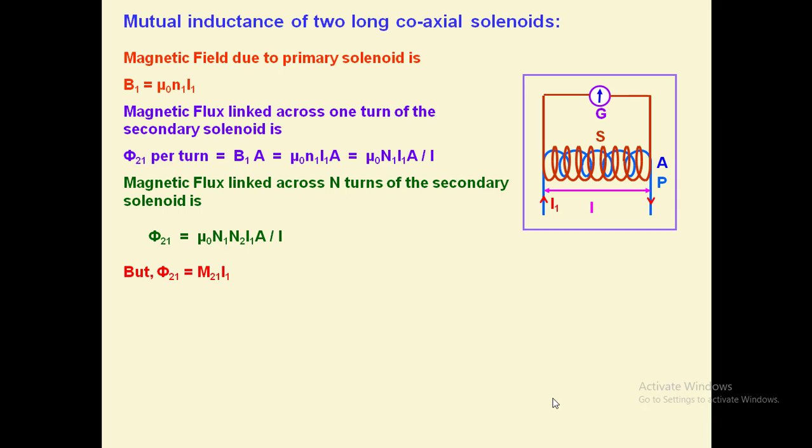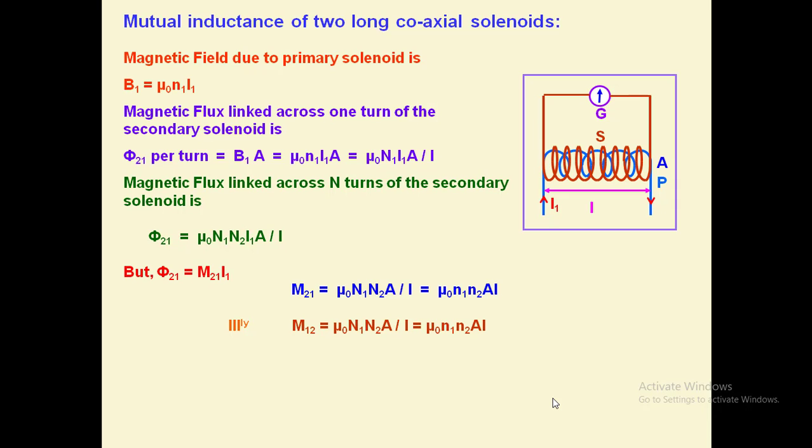But according to the definition of inductance, phi 2 1 is equal to M21 I1. So if we equate them, M21 is equal to mu naught N1 N2 A by L, or simply we can say mu naught n1 n2 A into L.